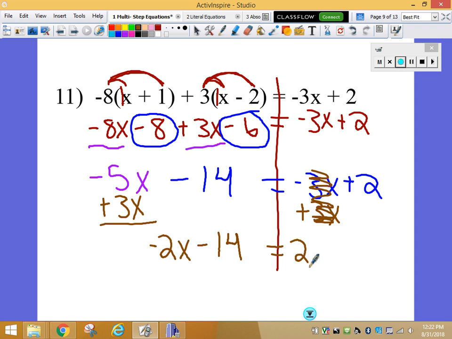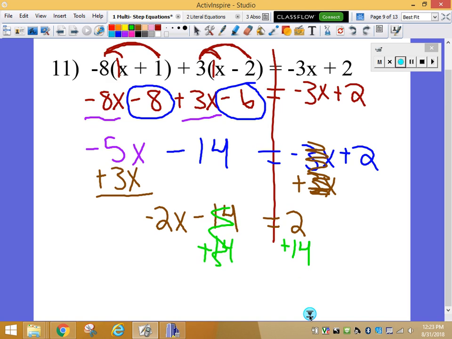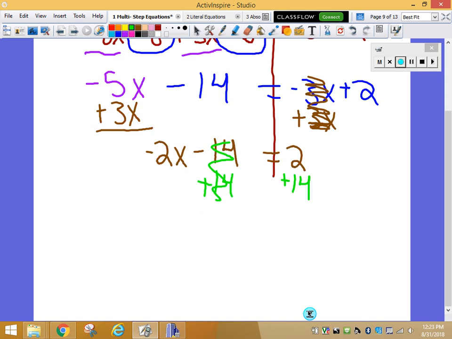I'm going to bring down 2. Step 3, move your number to the right. So the opposite of minus 14 is plus 14. So 14s go away. So I have negative 2x equals, here 2 plus 14 is 16.